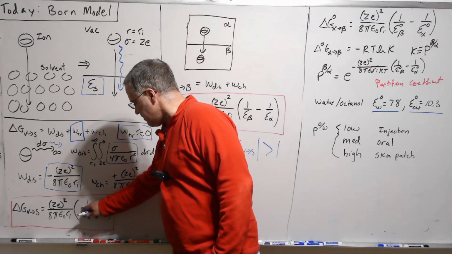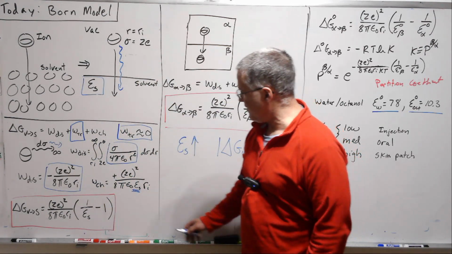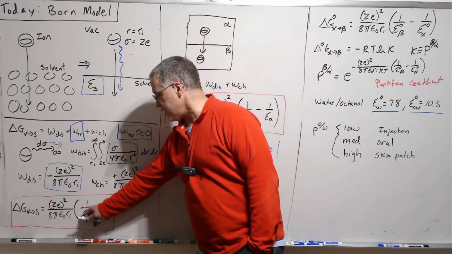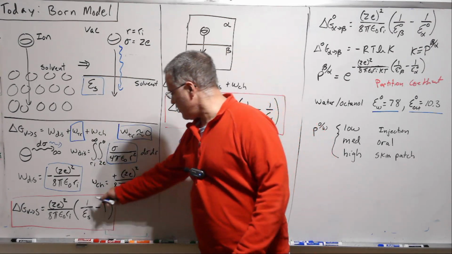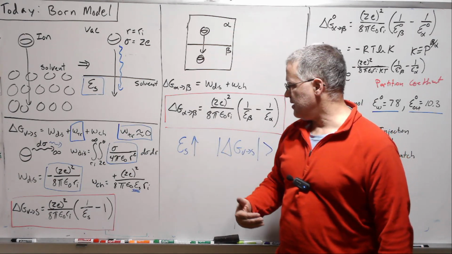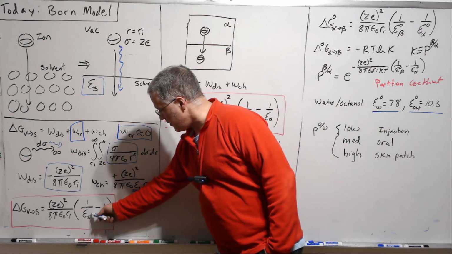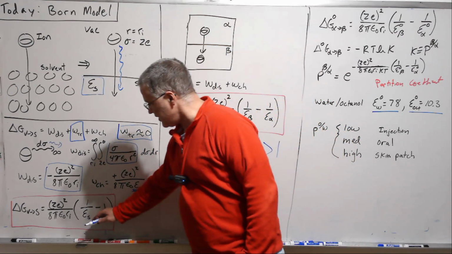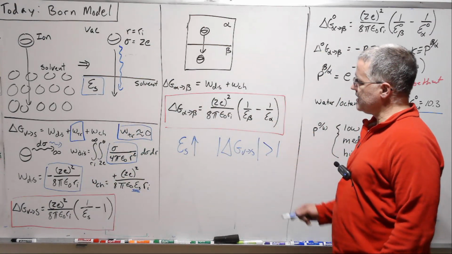If the dielectric constant goes to infinity, this term would be 0. If we take it to be 1, that would be minus 1. Those are the two extremes, so anything else is going to be somewhere between 0 and minus 1. As the dielectric constant gets bigger and bigger, this term becomes less important, and we get closer to minus 1 in the parentheses. Thus, the magnitude goes up.